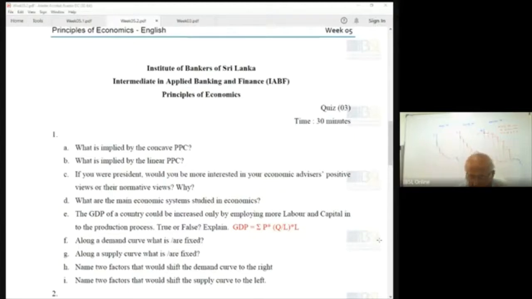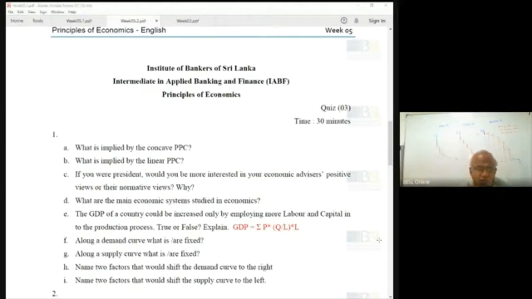Along a demand curve, consumers' income, prices of other goods, taste, number of consumers are fixed. Along a demand curve, other factors, ceteris paribus. Along a supply curve, again, other factors are fixed. When you move from one point to another along the supply curve, other factors are fixed.